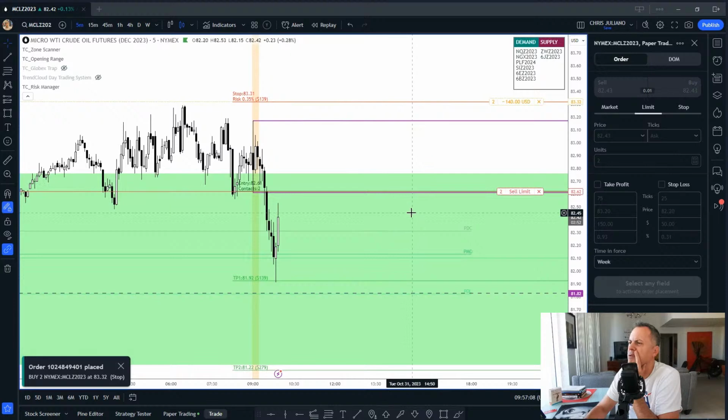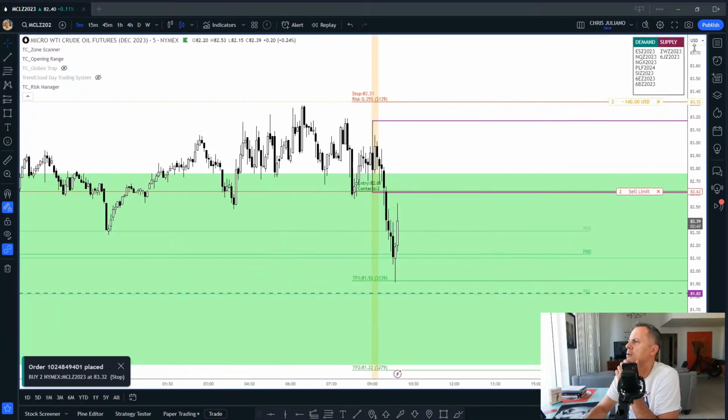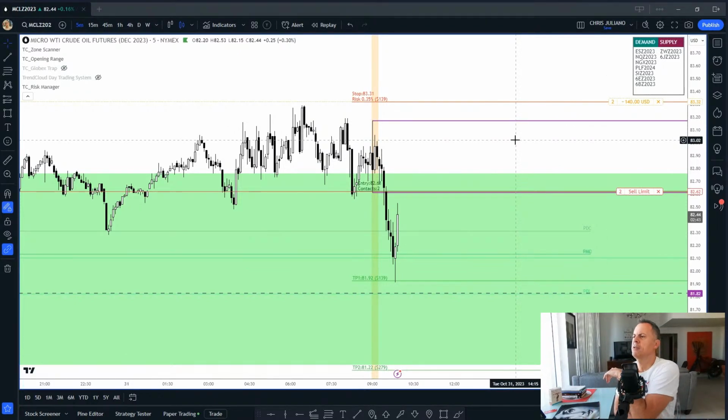Nice. So we're getting a nice fast and furious pullback into the opening range on crude oil here to the downside. We are low on that high time frame.